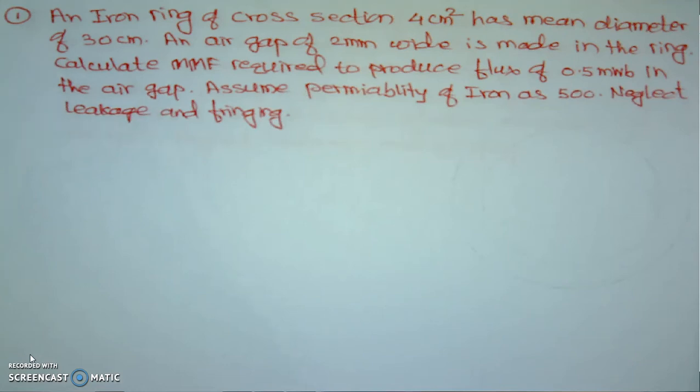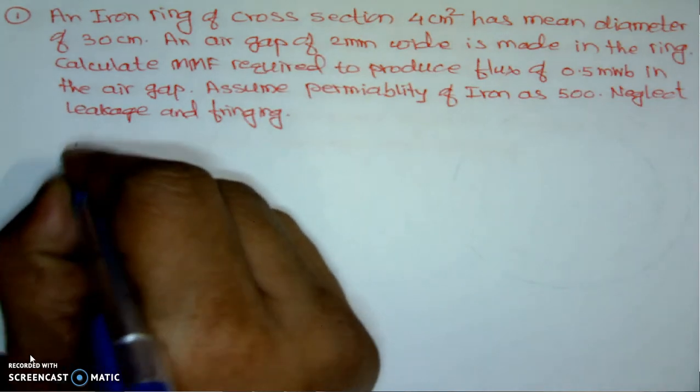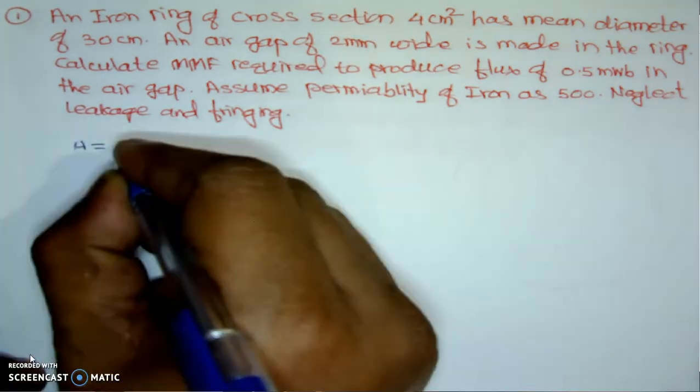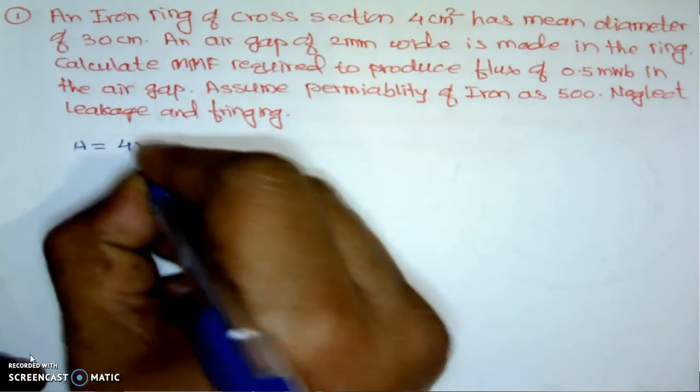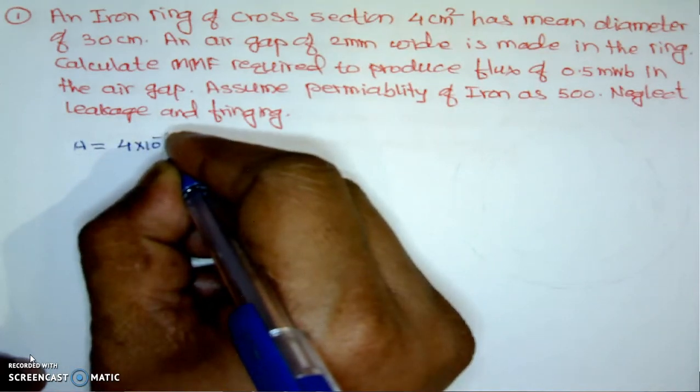An iron ring has a cross section of 4 cm square. The cross-sectional area of the ring is given: A is equal to 4 cm square, that is 4 into 10 raised to the power of minus 4 meter square.